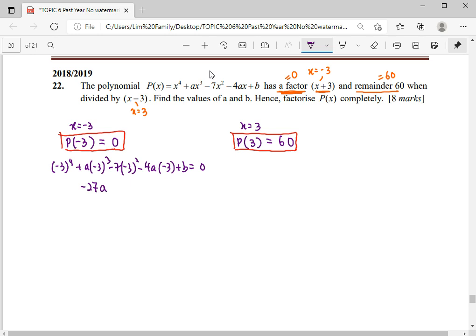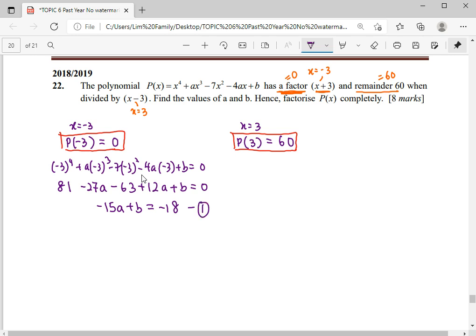So we can get this A, and then... Okay, so our first equation we are getting already.